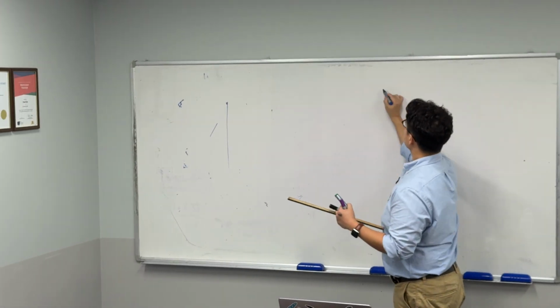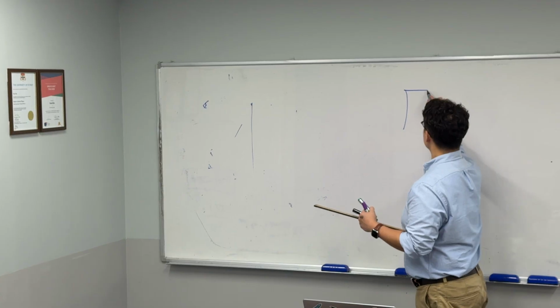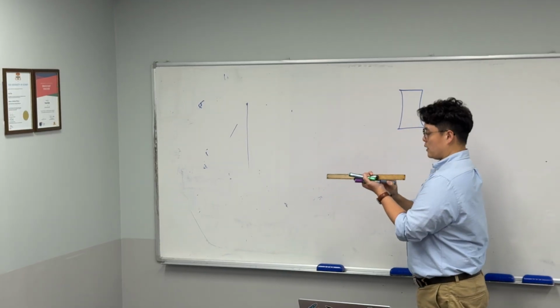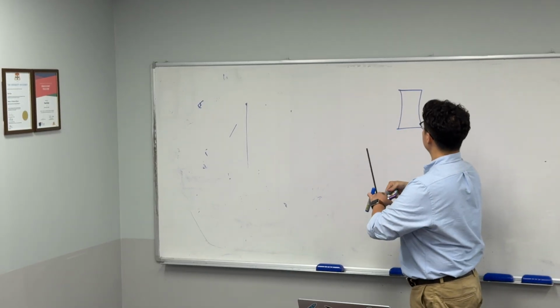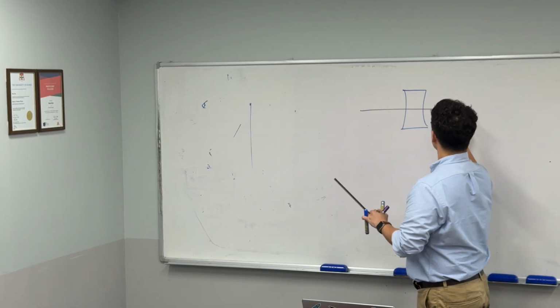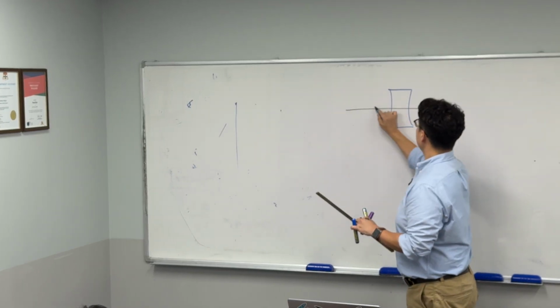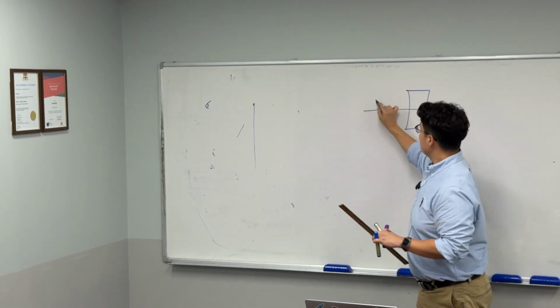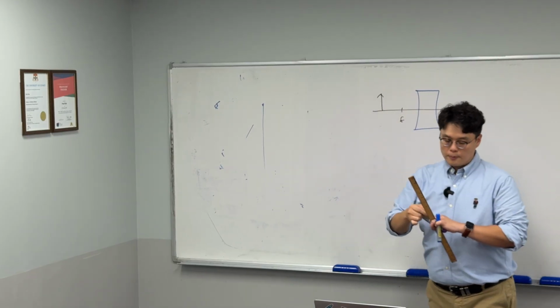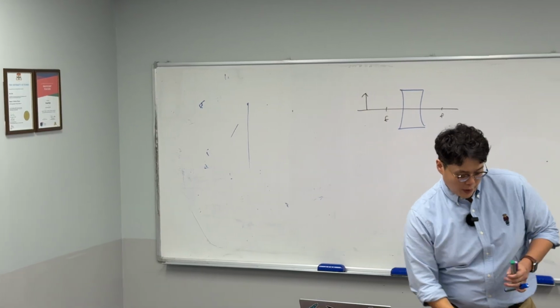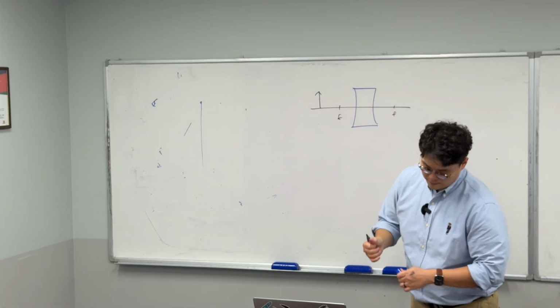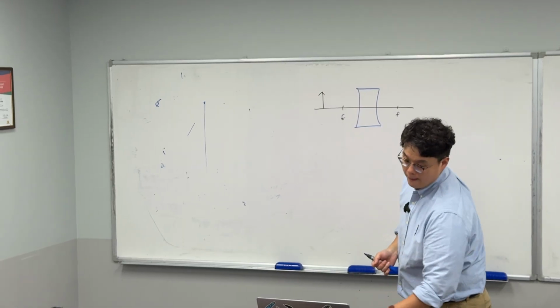Diverging lenses look like this and have a focal point in the middle here. So we have a focal point and another focal point over here like this. Let's say we have an object that looks like this too. Ray 1, from what to what? From parallel to the focus.